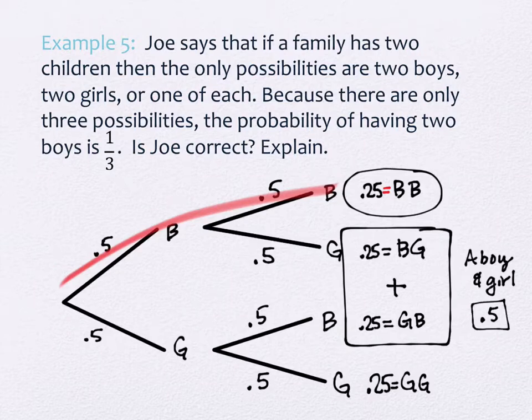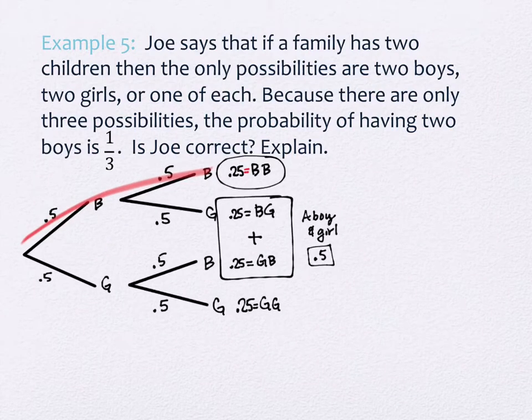So I have a 0.5 probability of having 1 of each if I've got 2 children. It's a 50-50 shot. 50-50 shot says I have 2 children of the same sex or I have 2 children of differing sexes. That's what this is actually showing. So there's several ways that we could respond to Joe. This tree diagram gives us a good idea of how to think about it.